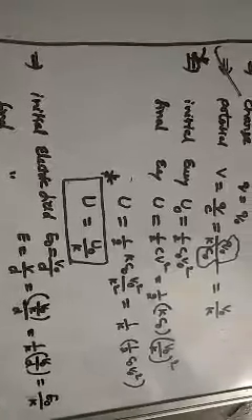This bracket is nothing but E naught by k. Again, the electric field also decreased by k times. So these are the factors. Check these factors. All the points are there.